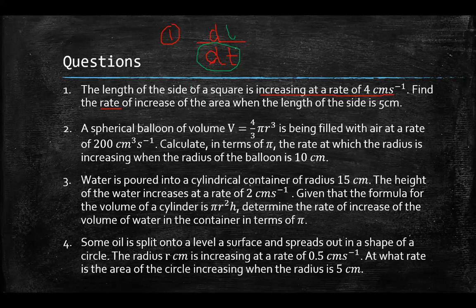They said length of the side, so that's why I have dL. But because they mention rate, rate means with respect to time. So it's always over dt. That's why the length of the side of a square increasing at this rate would be represented as dL on dt. Do you understand that?